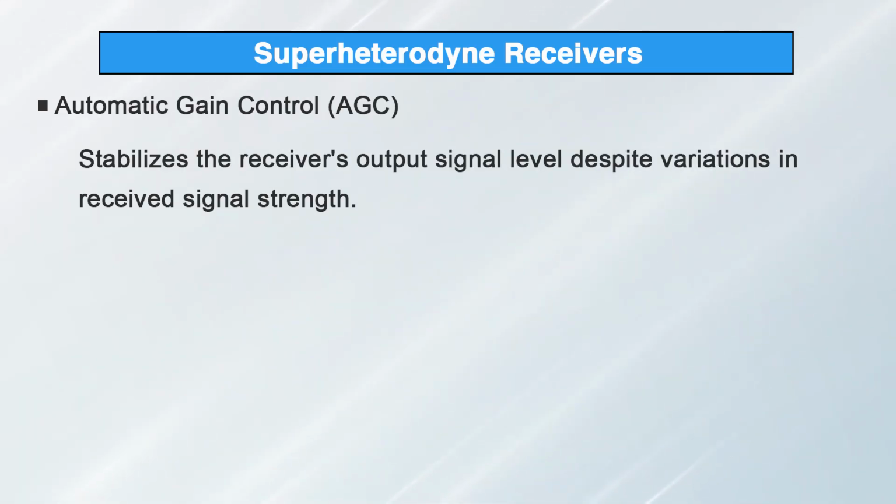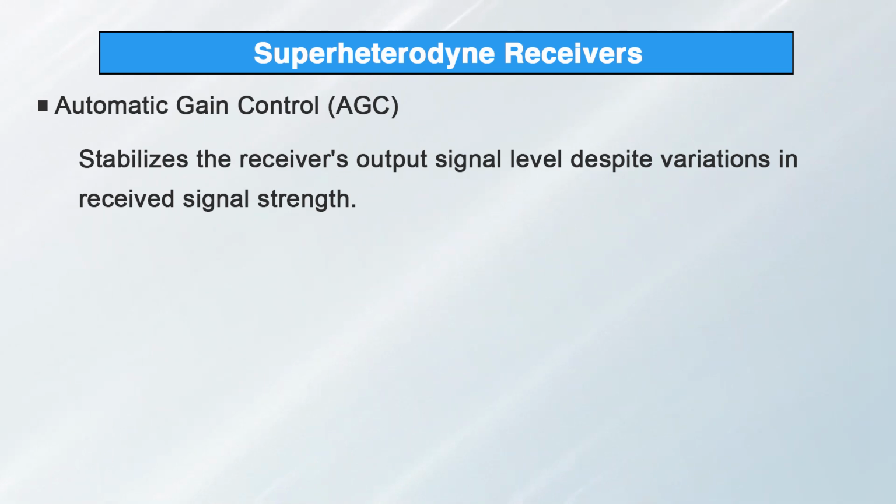Now, let us discuss an important component, automatic gain control, abbreviated as AGC, in the superheterodyne receiver. It is a crucial mechanism designed to stabilize the receiver's output signal level despite variations in the received signal strength. Here is a brief explanation of it. Mainly, the purpose of AGC is to maintain a relatively constant output level from the received audio or IF stage, regardless of the change in the strength of the incoming RF signal.